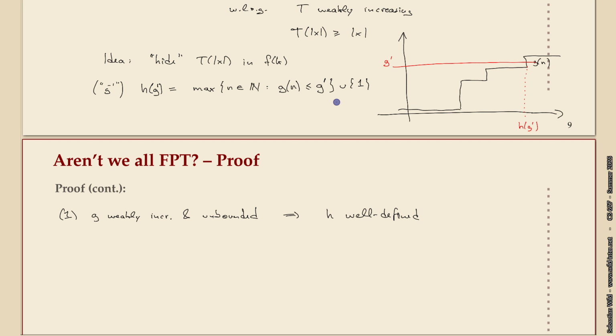How could it not be? Well, then this set would be infinite. That could be how it breaks. But we say g goes above any bound for some values, so it will always be a finite set of n where g of n is below this bound. That's part one. That's always good when you define something. It's good if it's well defined. h is also weakly increasing.